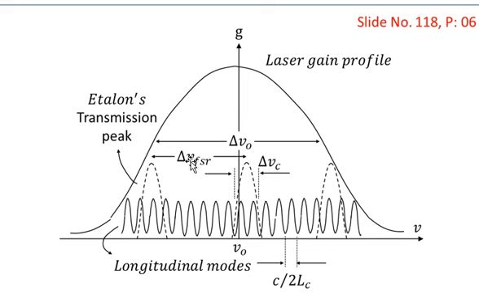So the ratio of delta nu FSR to delta nu C gives the finesse of the etalon, denoted by the symbol capital F. And here you can see that c over 2Lc is actually the separation between two consecutive longitudinal modes.